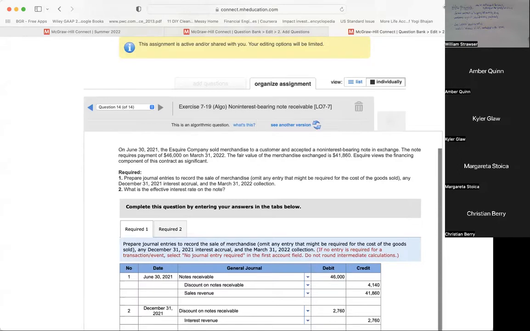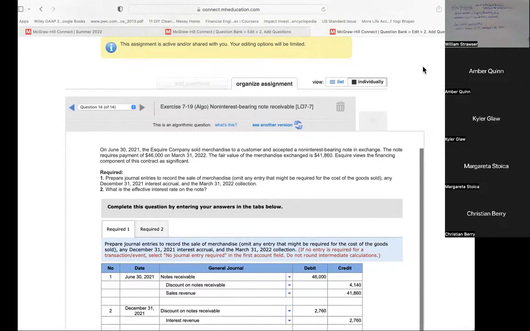We got, again, this algorithmic problem, so not necessarily the numbers you had, but just the numbers that came up for me when I loaded it up. On June 30th, they sold merchandise to a customer and accepted a non-interest bearing note in exchange. The note requires a payment of $46,000 on March 31st. The fair value of the merchandise exchanged was $41,860.